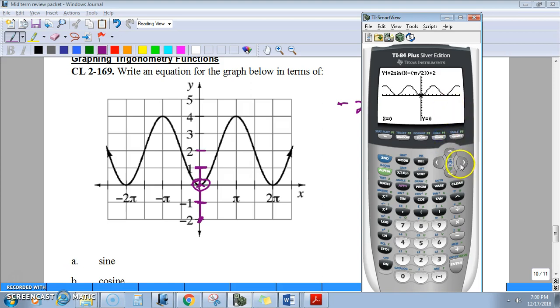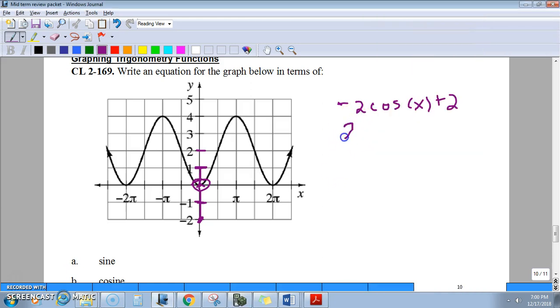If we trace, it starts here at 0, 0, and its highest point at pi, which is 3.14, looks like it is up at 3.99, so 4, yep. I wonder if we can find a maximum right there. And if that'll give us a perfect answer. Yep, 3.1415916 looks like pi, and y equals 4. So we're good.